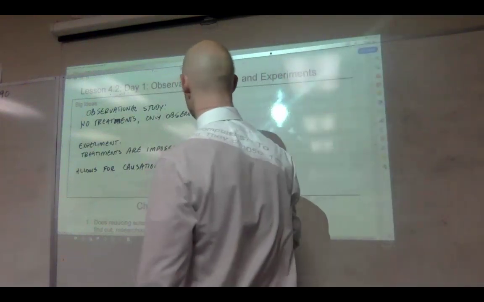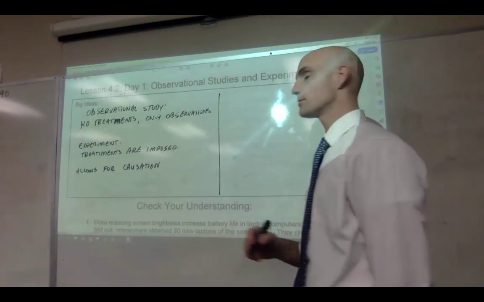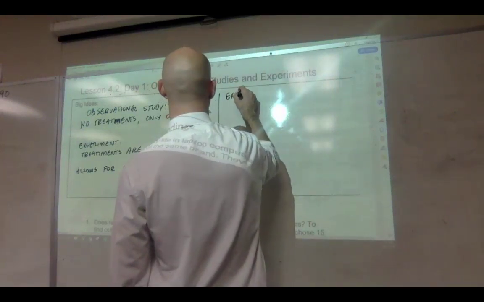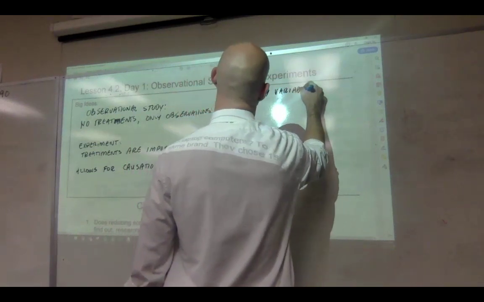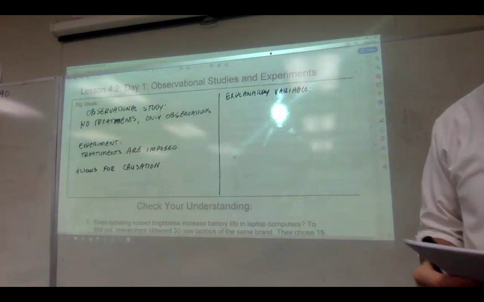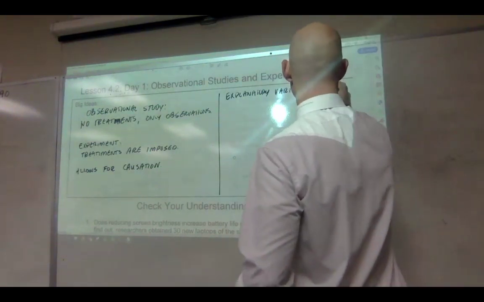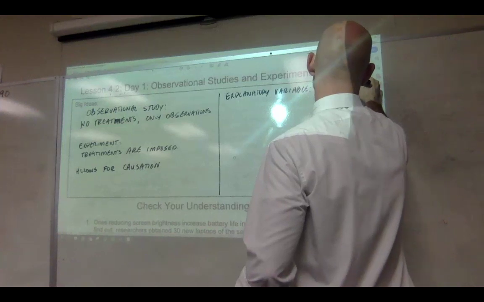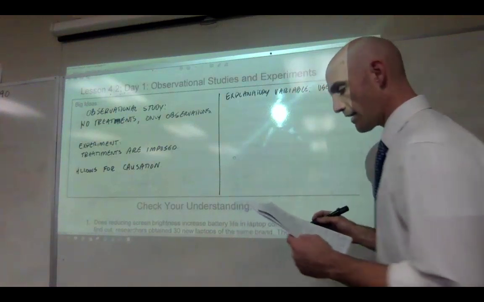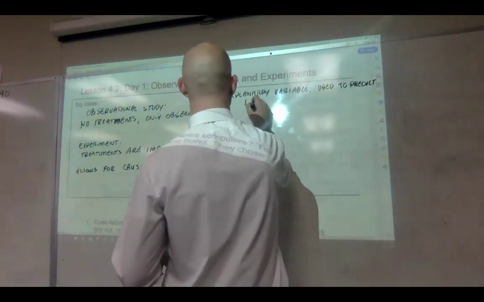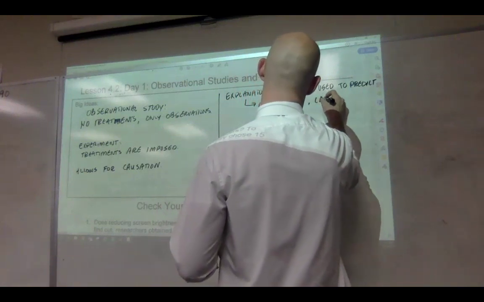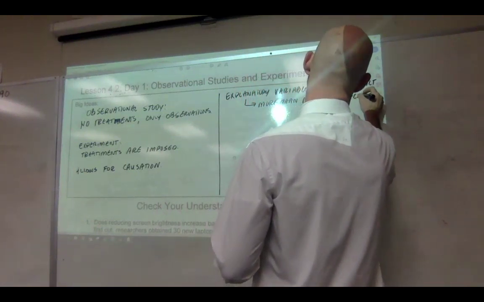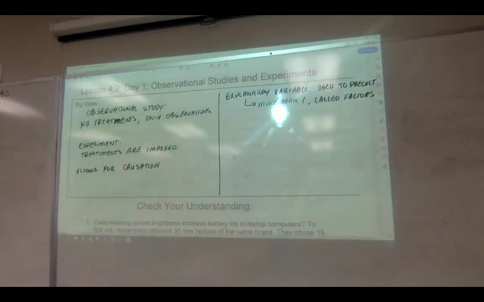And so when we have experiments, we start to talk about variables. Explanatory variables are the ones used to predict. You remember this? And we have our response variables. If we have more than one explanatory variable, we're going to call them factors.